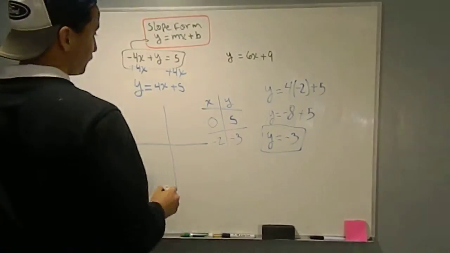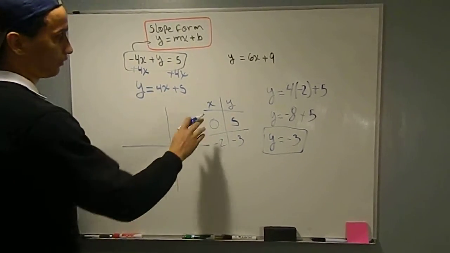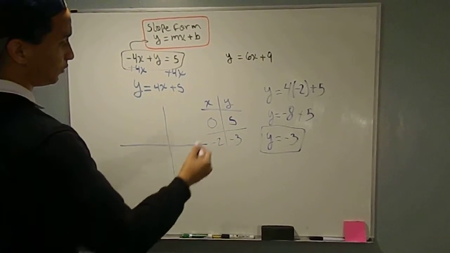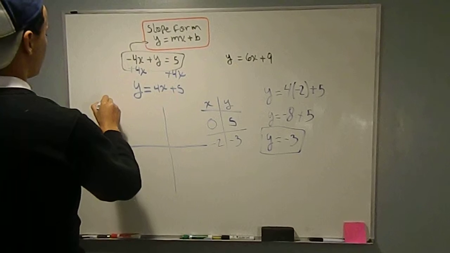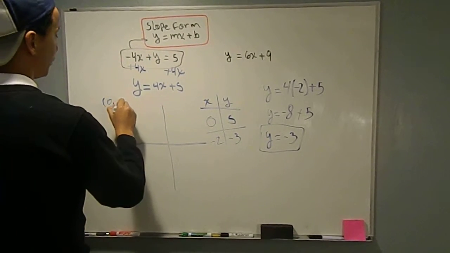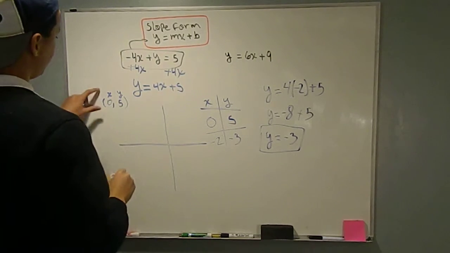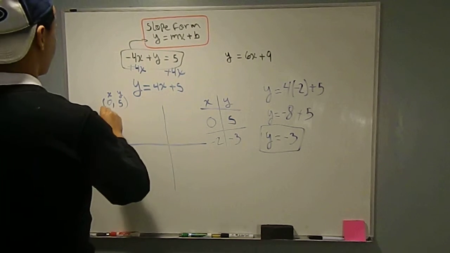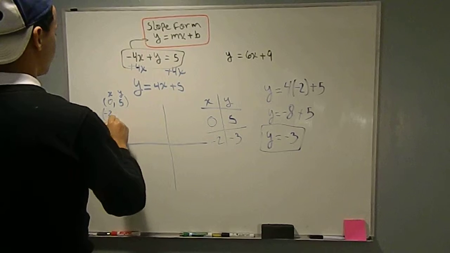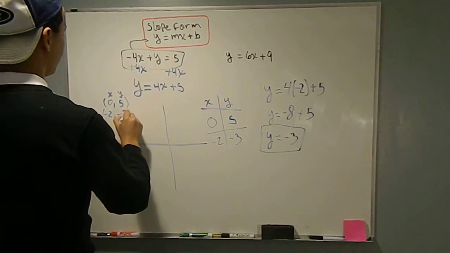Now that we have those points, you can leave it like that, or you can write a list of ordered pairs. This one is x and this is y, and the other point is when x is -2, y is -3.